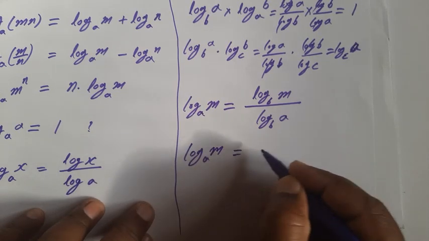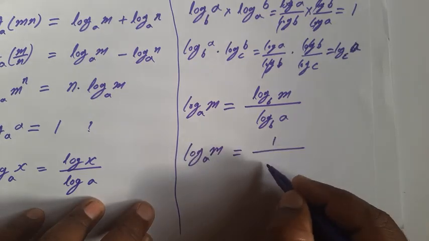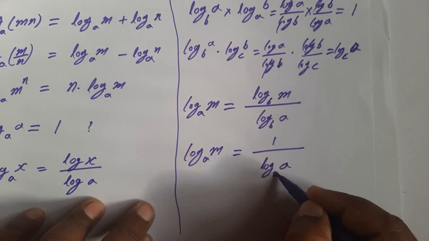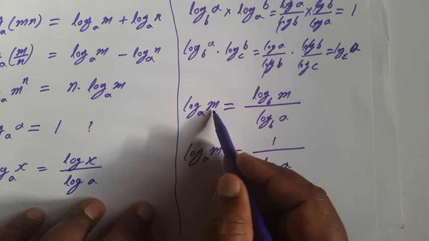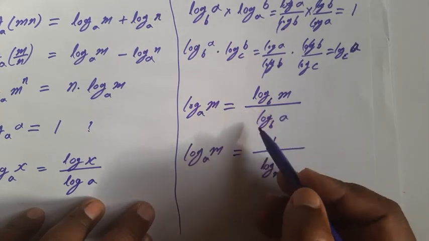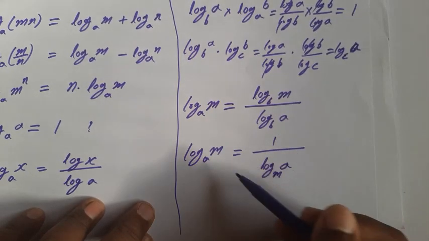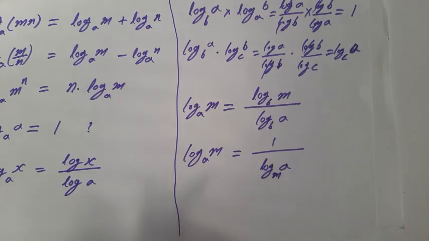This we can write as 1 by log a base m. Log m base a equals 1 by log a base m. These are the main ones. Okay.